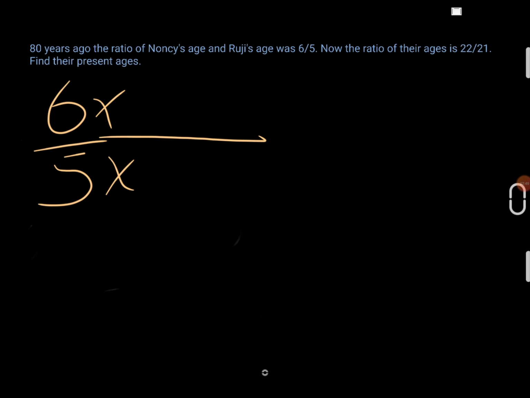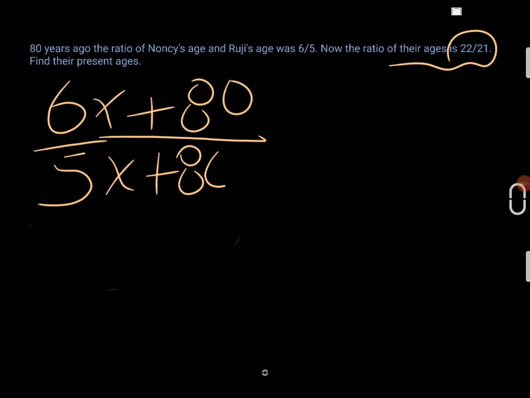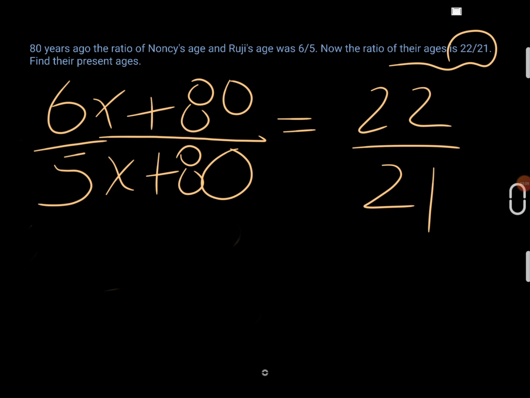After 80 years, that means now, today, the ratio of the ages is 22/21. So plus 80. So you see how we got a beautiful equation here.